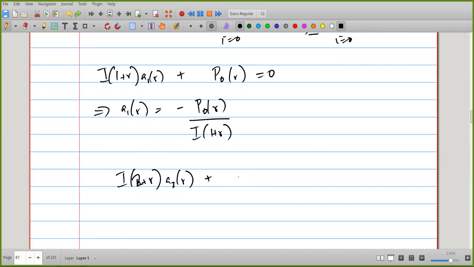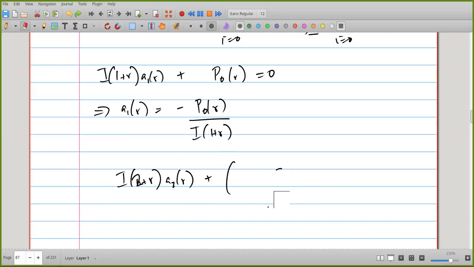plus something into a0 of r, that's 1, plus something into a1 of r, which is minus p0 of r divided by I of 1 plus r, plus something. I hope you get the point.